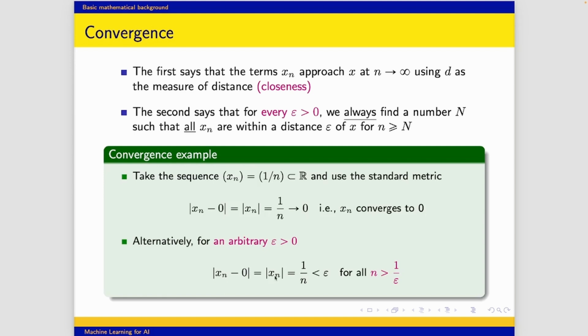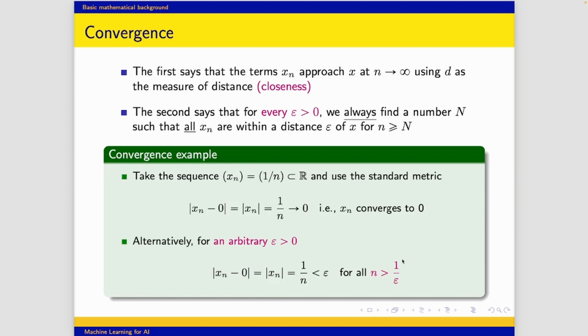So this distance is just xn because our limit point is 0, which is 1 over n. And we need that to be less than epsilon for any epsilon. Well, it doesn't matter what epsilon we choose. For n greater than 1 over epsilon, this condition will hold.